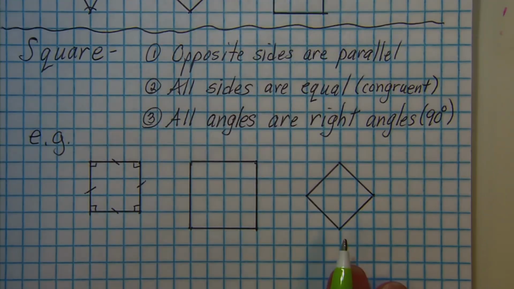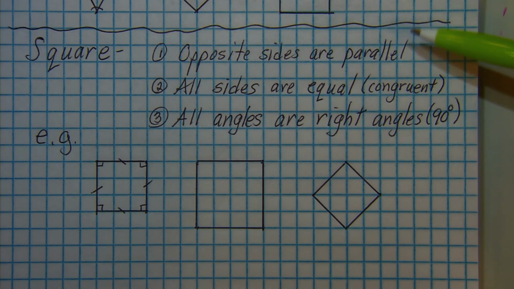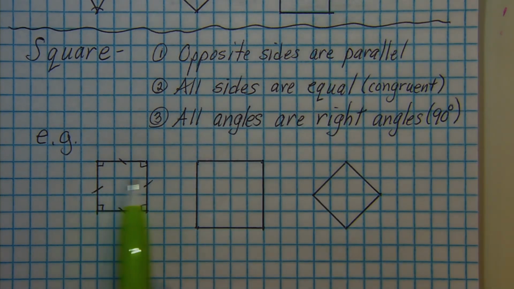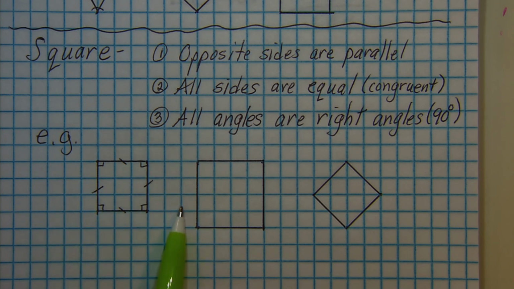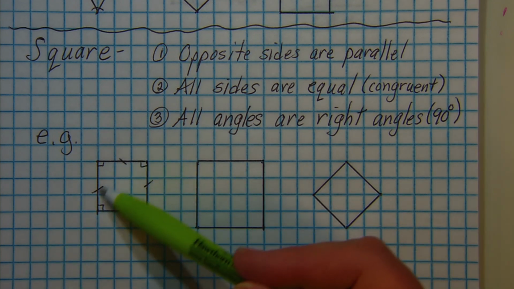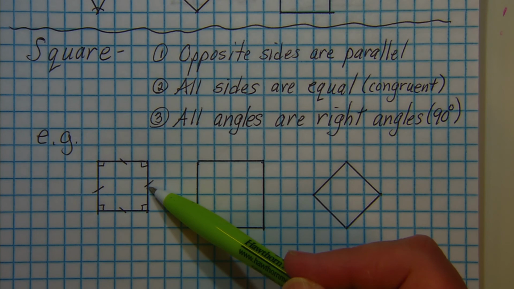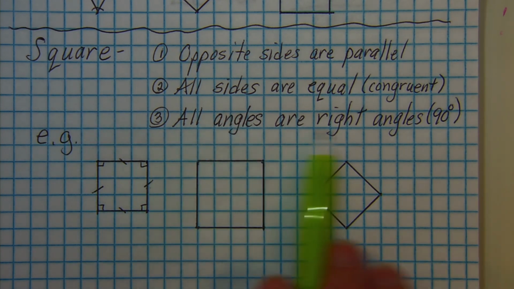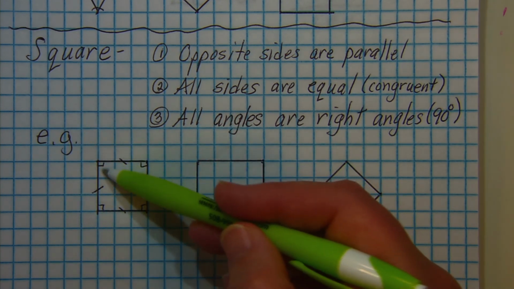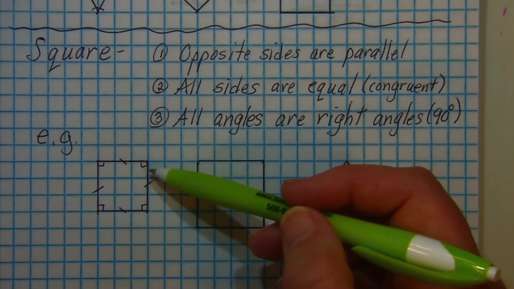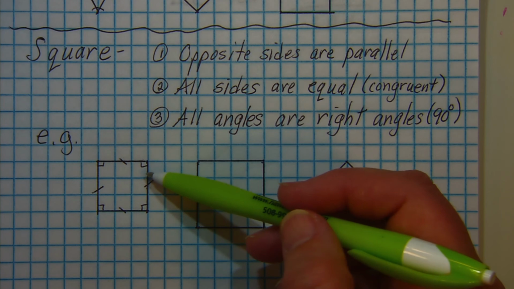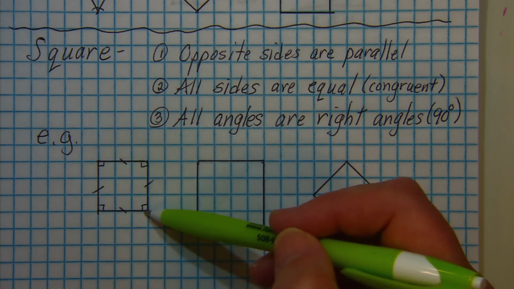The square has opposite sides that are parallel. They go in the same direction, never touching. All sides are congruent, just like the rhombus. But all angles are right angles. So every one of these corners measures 90 degrees. Every square will have 90-degree angles.